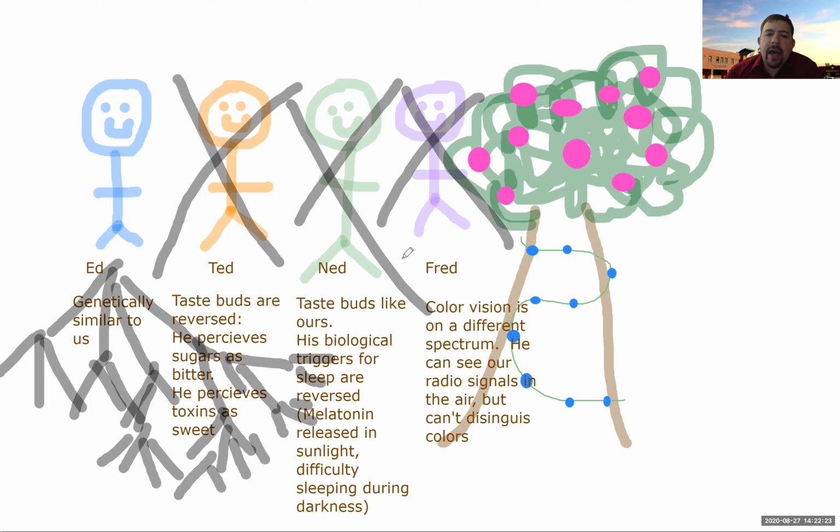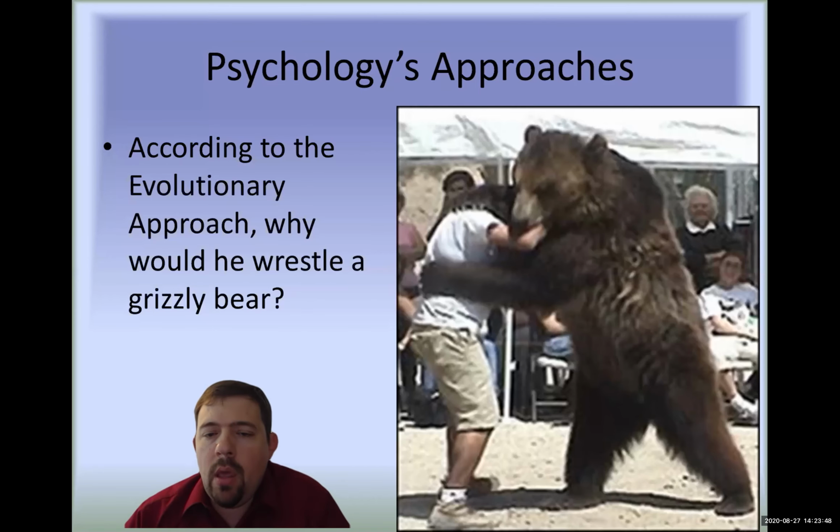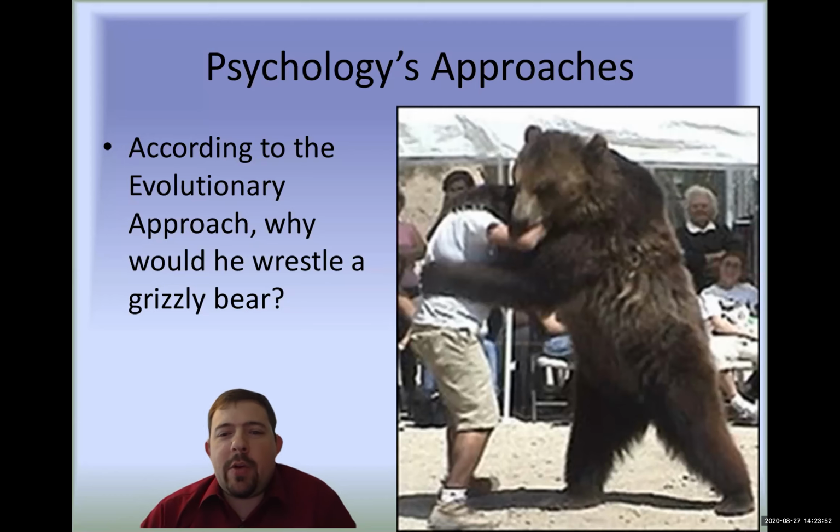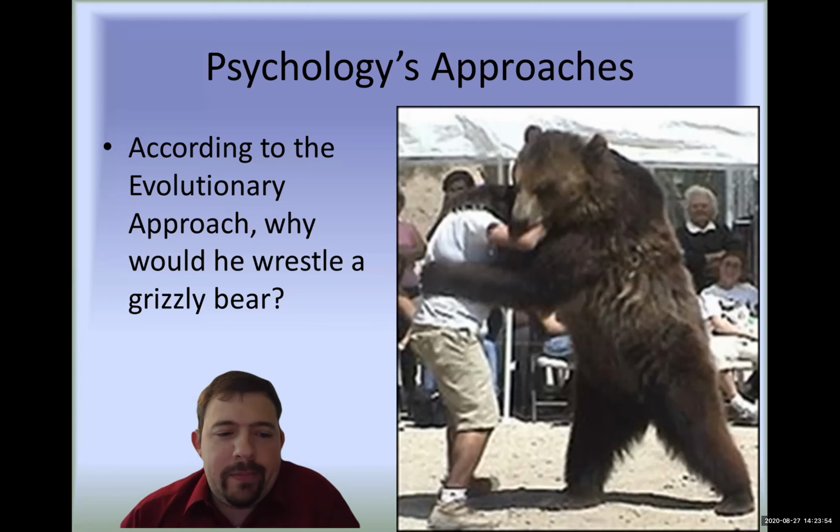With that said, I do want us to still try to take a look at our example. So here again, we have this guy who is wrestling against a brown bear.